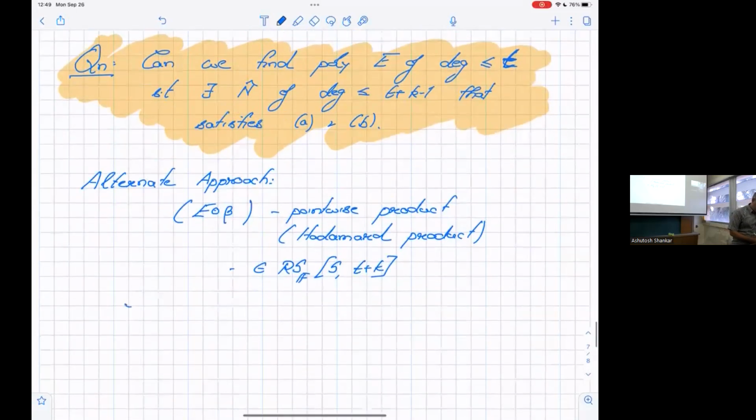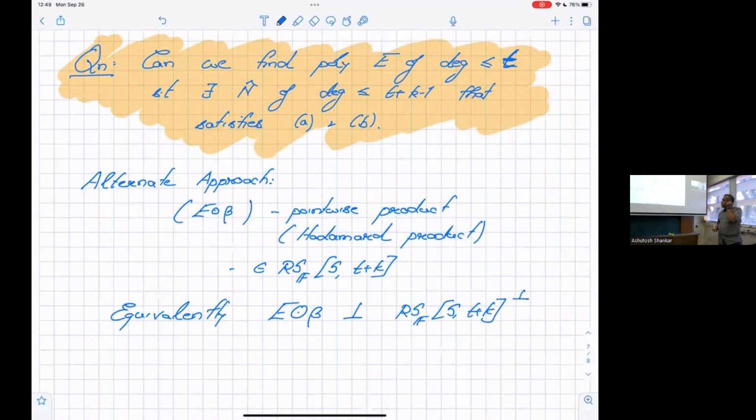That is equivalent to saying E times beta is orthogonal to the dual of this code. Okay, so let's write down the constraint. What does this mean?